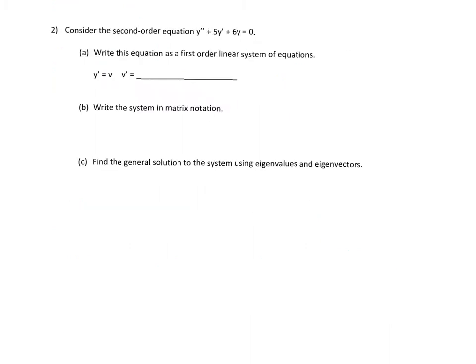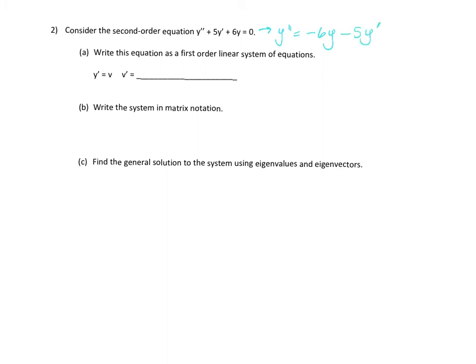Okay, question 2. Consider the second order equation y double prime plus 5y prime plus 6y equals 0. Write this as a first order linear system of equations. So you always do that by starting with y prime equals v, and then v prime is y double prime. So I solve this equation for y double prime, and I get negative 6y minus 5y prime.